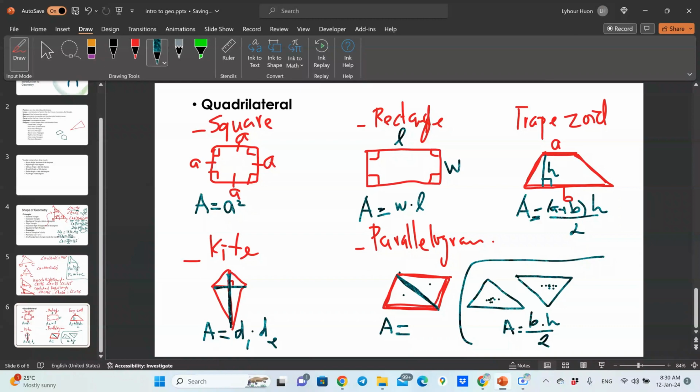We know that the area of a triangle is base times height divided by 2. Now we know that a parallelogram is two equal triangles, right? Yeah, the shape looks like two equal triangles, and the area of a triangle is base times height divided by 2. Okay. Well, what is the area of a parallelogram?